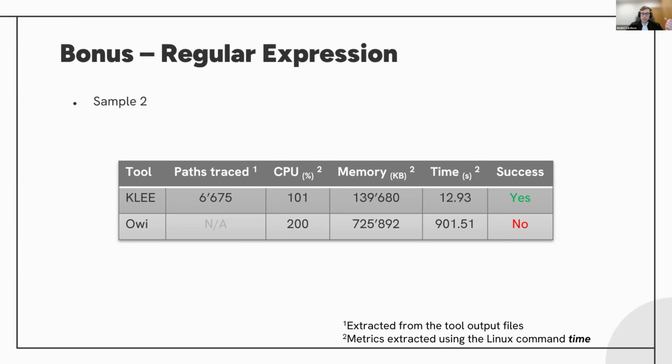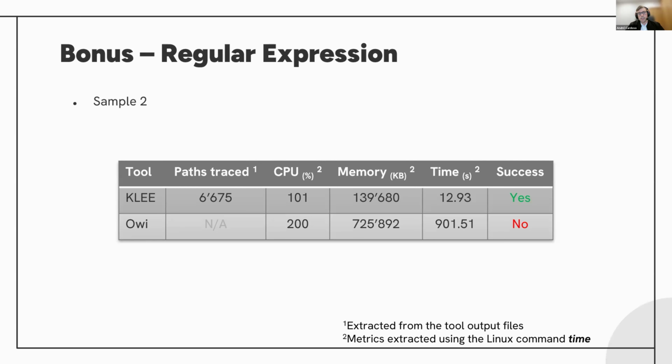A bonus sample that I decided to include specifically because the time of execution and resource usage was very low. It's the regular expression matcher. It doesn't try to find specifically a vulnerability, but instead a bug that triggers a bad execution. And in this test case, we see that CLI traced over 6,000 paths.